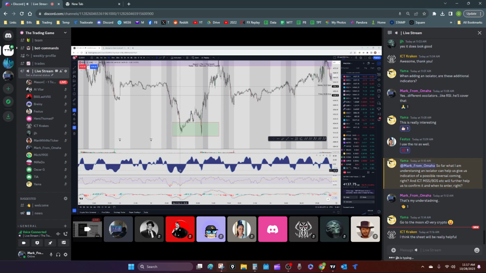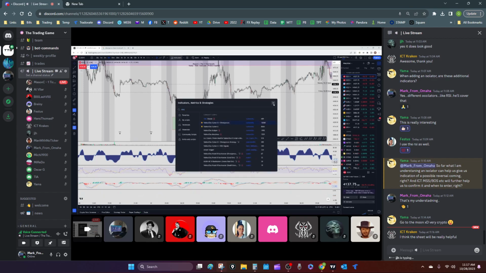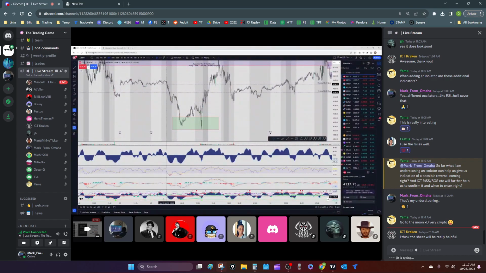I use something called Fu Manchu Cipher B with divergences, and I use a very basic version of it. I'll put the regular version on here. This is his regular version. Now this has VWAP, money flow, RSI, fast RSI, slow RSI, buy dots, green dots, lines, all kinds of junk on there.